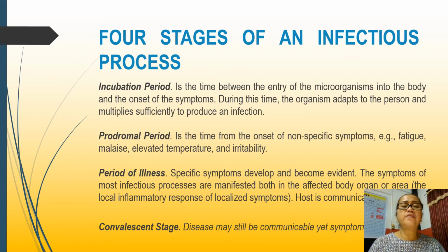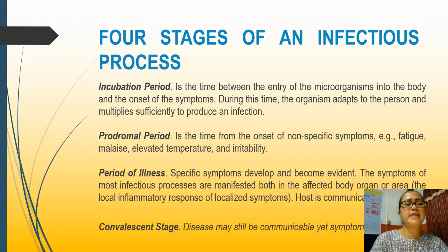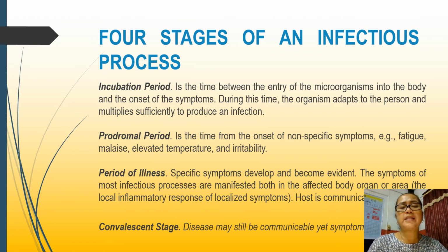So, 4 stages of infection. We have the infectious process. We have the incubation period. Incubation period is the time between the entry of the microorganism into the body and the onset of the symptoms. During this time, the organisms adapt to the person and multiply sufficiently to produce an infection.